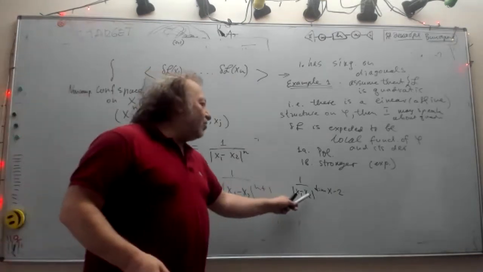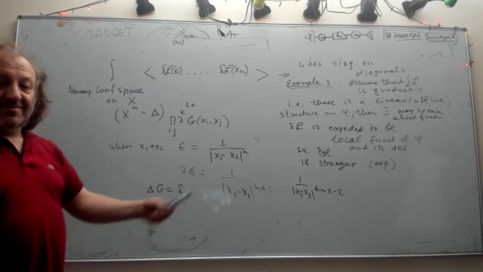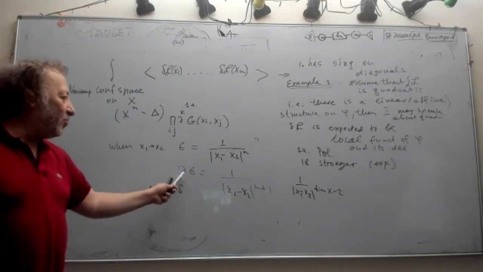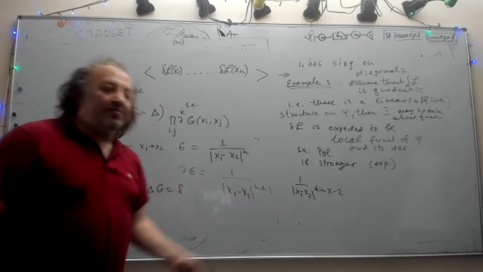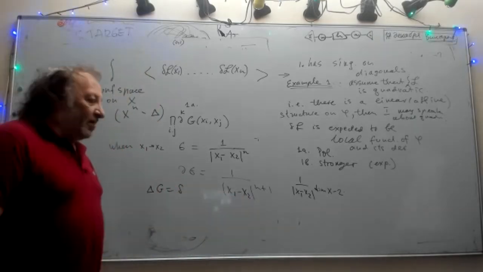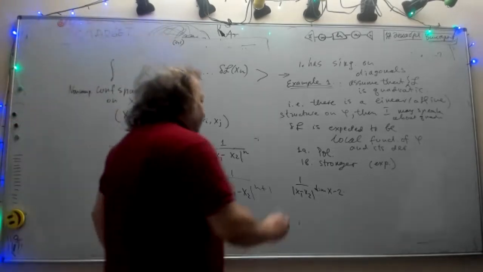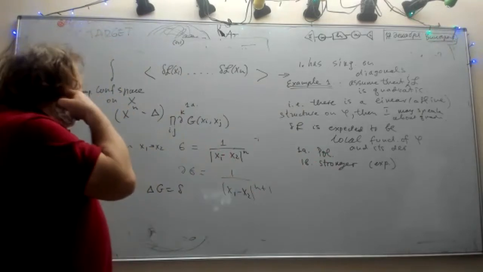So it means that you don't have problems for scalar fields in dimension 2, but then you will have problems with derivatives, because when you take a derivative, you increase the pole. So in general, you have this divergence. So the question is what to do.